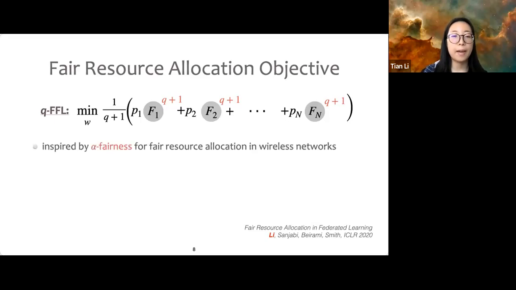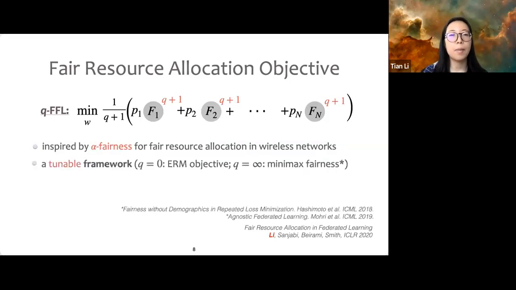It's inspired by alpha fairness for fair resource allocation in wireless networks. What's nice about this framework is that it enables flexible fairness-accuracy trade-offs through a tunable parameter q. When q is equal to 0, this objective recovers the vanilla ERM objective.